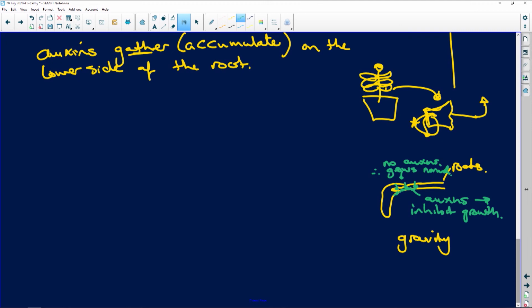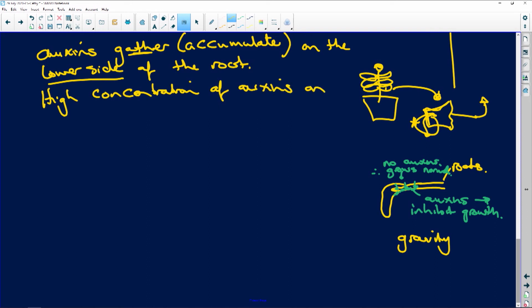So, we go back here. Our auxins gather on the lower side of the root. Okay, and when they gather on the lower side of the root, we now have a high concentration of auxins on the lower side. This is exactly what I showed you here.